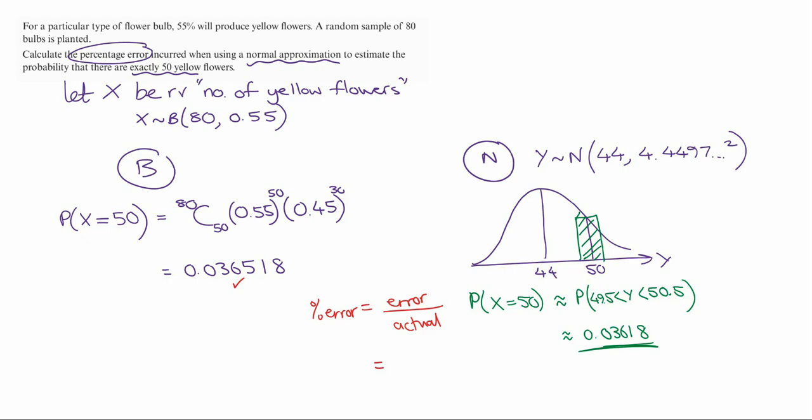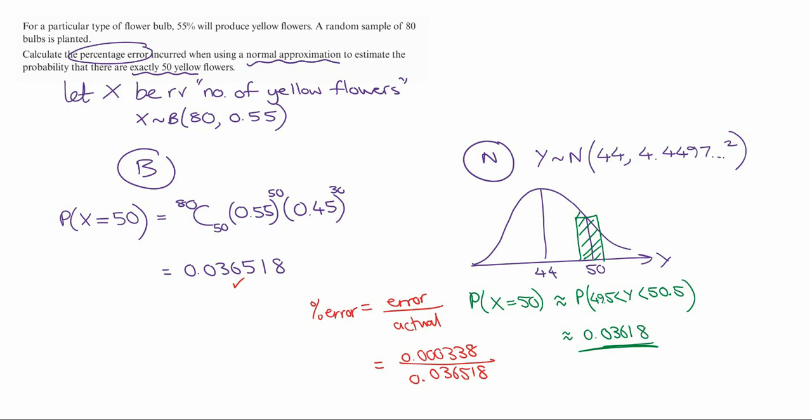So if we type these in, 0.036518, hopefully I've typed that in correctly, minus 0.03618, I make my error to be 0.00338, and it should be this one, 0.036518.